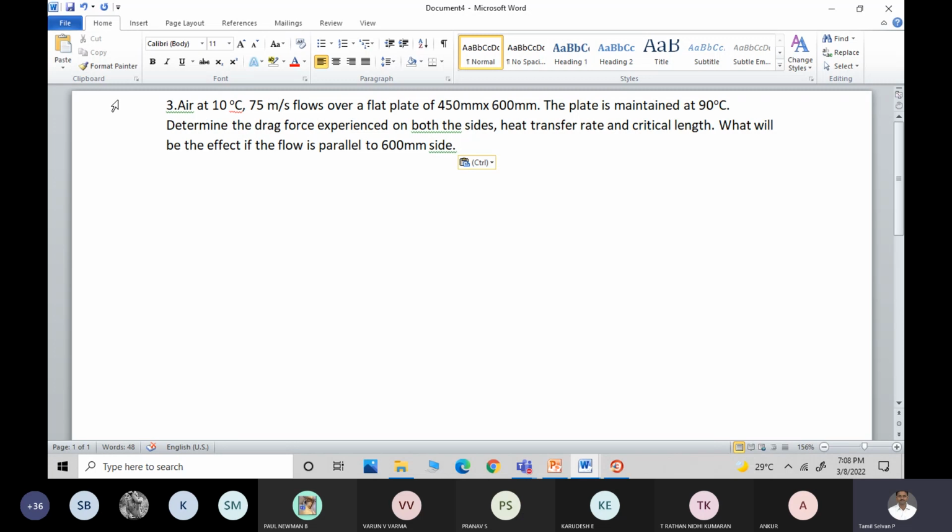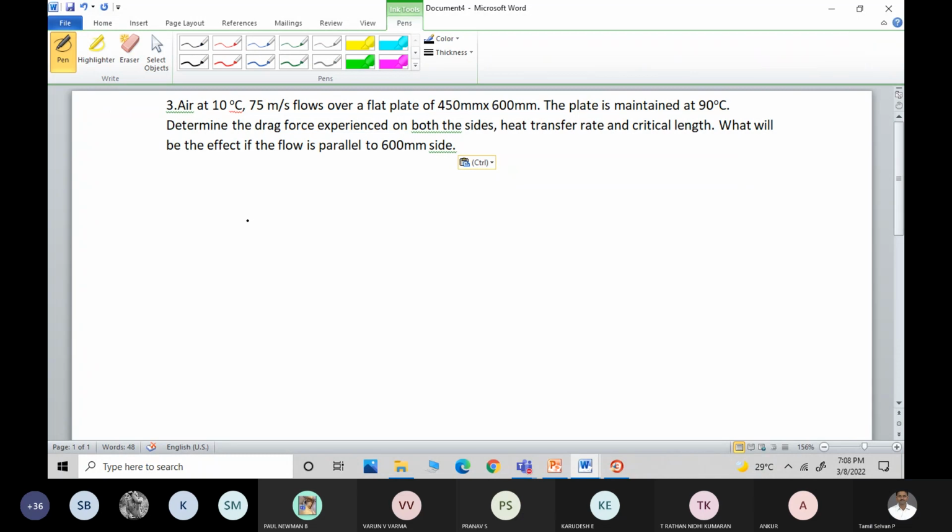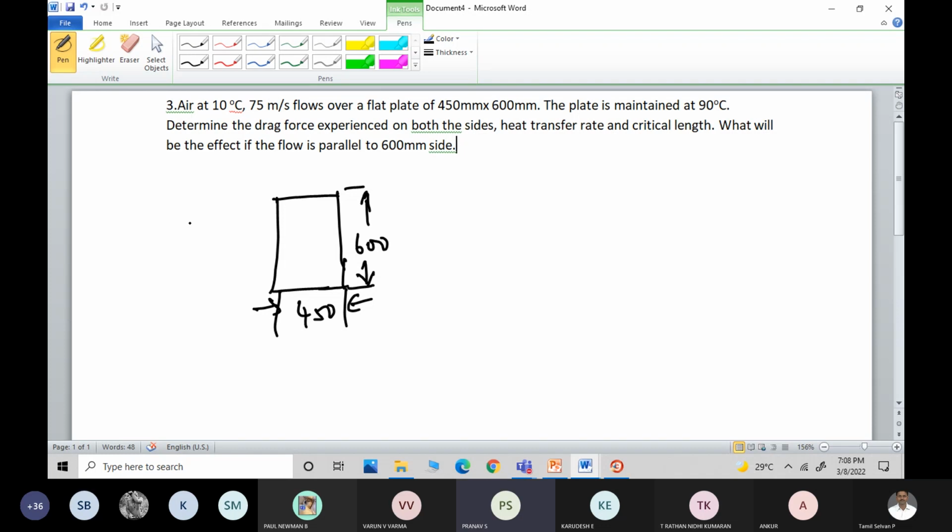So you have a flat plate. Students, all of you please listen. This is 450 mm and this is 600 mm. In the first case, the air is flowing over the 450 mm side.